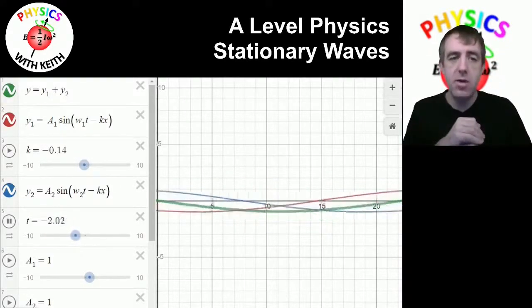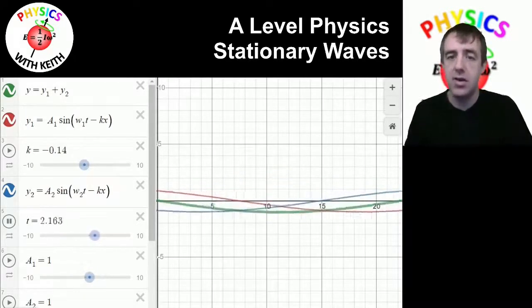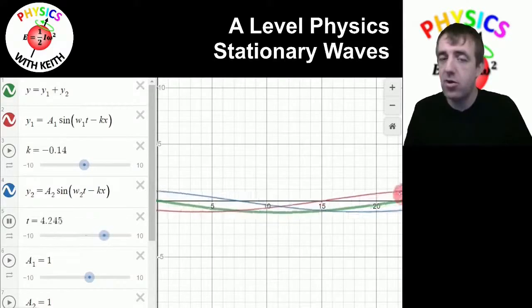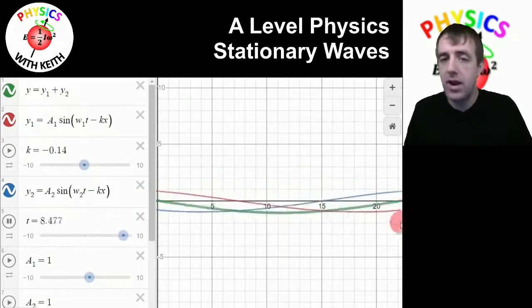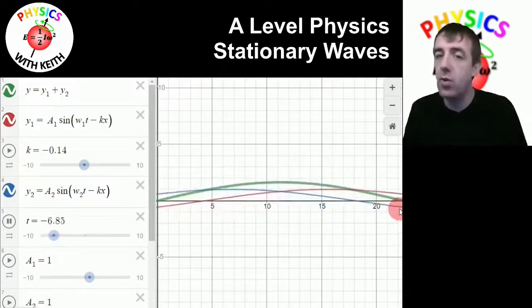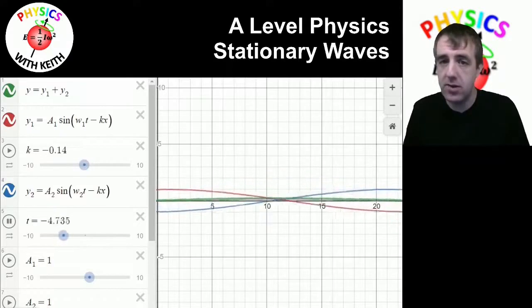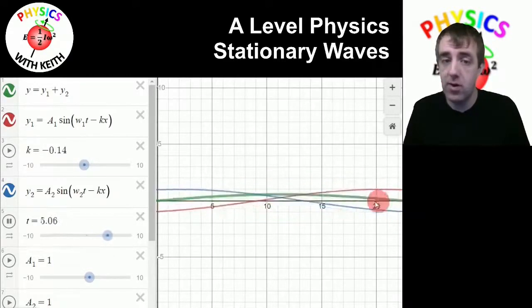So in this case, remember the red wave is moving from left to right, and it reflects off the end of this string to produce a blue wave going from right to left. And you'll see when the wave reflects, its phase changes. Its phase changes by 180 degrees, or pi radians. And that means at that point where there's a reflection, we'll always have a node.